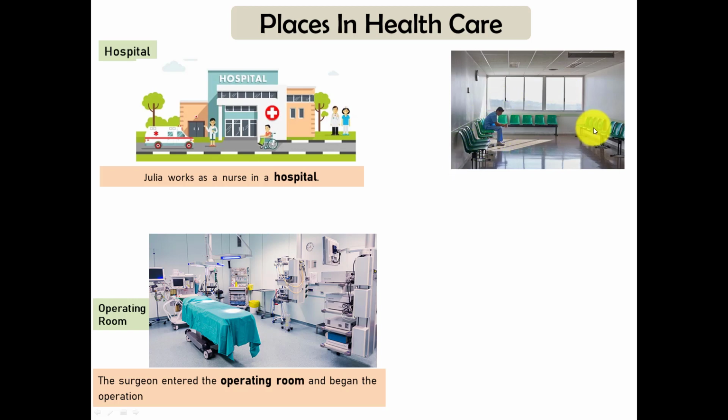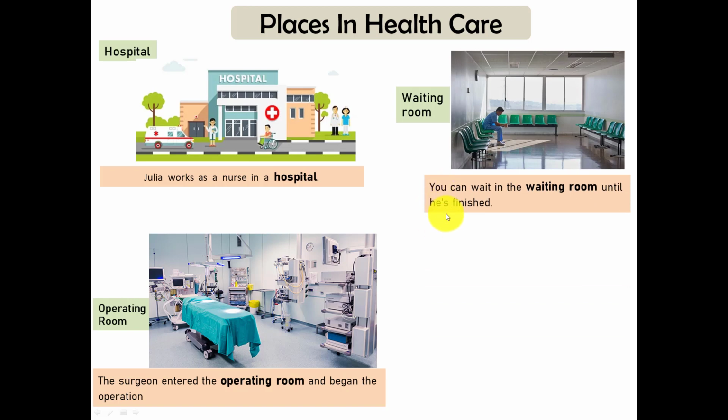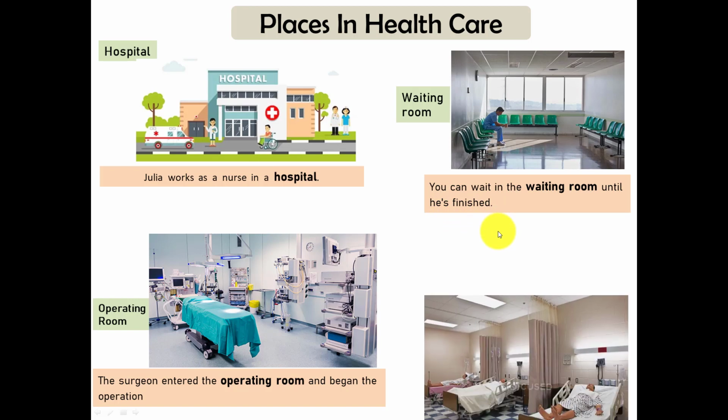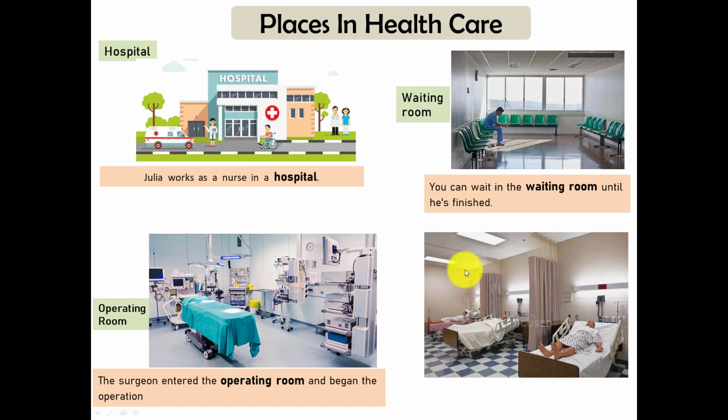It is a waiting room. For example, you can wait in the waiting room until he is finished. Last picture. What is the place? Good. It is a hospital ward. A ward. For example, Mr. Smith is in the ward at the end of the hall.